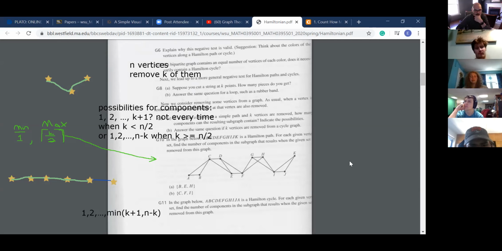If you wanna think about this as a one statement thing, you could go all the way up to whatever's smaller: the smallest of either k plus 1 or n minus k. So n minus k is the maximum number of components. If that prevents you from getting all the way up to k plus 1, then it does, but if you can get up to k plus 1, then you can. Sweet. So this would be a nice compact way to write it rather than putting it into cases.